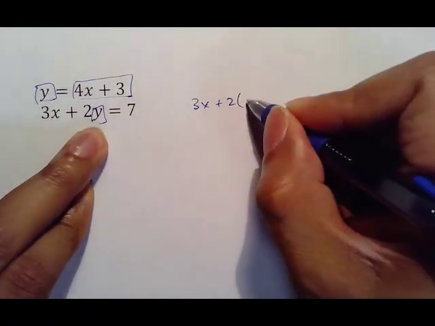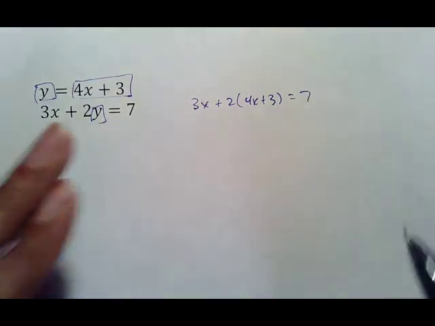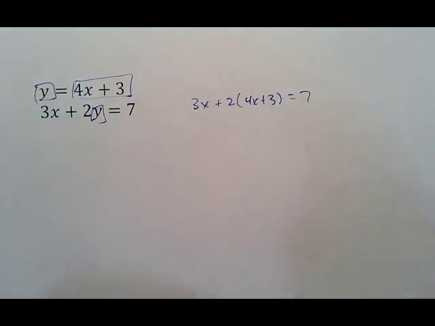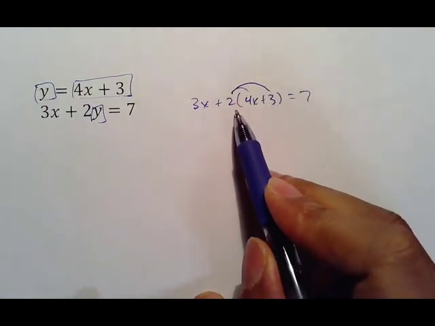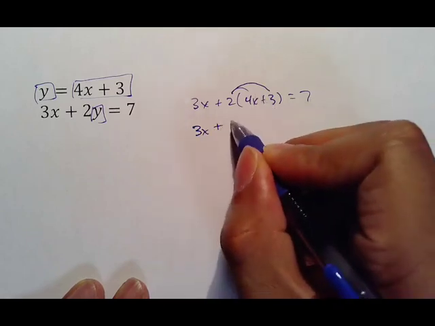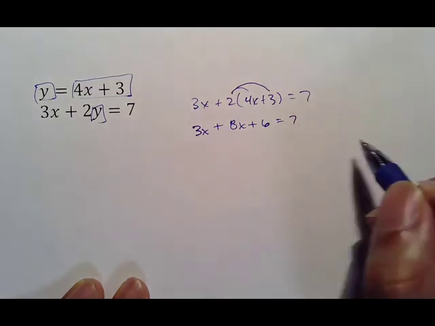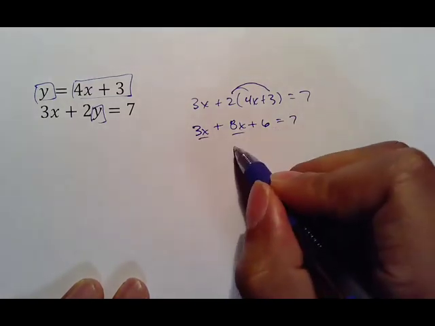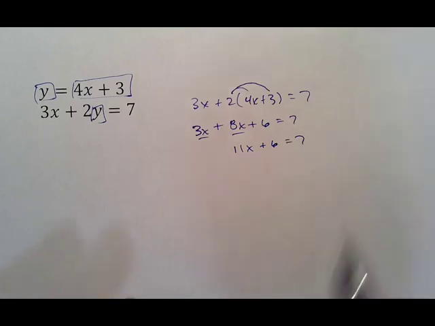Turn your y into 4x plus 3, and continue doing the same thing you did. The difference here is now instead of just combining terms, because there's a number outside the parentheses, you actually got to distribute. So 3x plus 8x plus 6 equals 7. Now you put your like terms together. 11x plus 6 equals 7, and that is it.